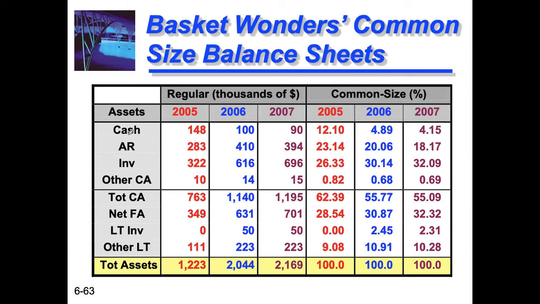Assets, cash, inventory, and etc. This one is total assets in 2005. This one is 2006, 2007. And this one is common size.